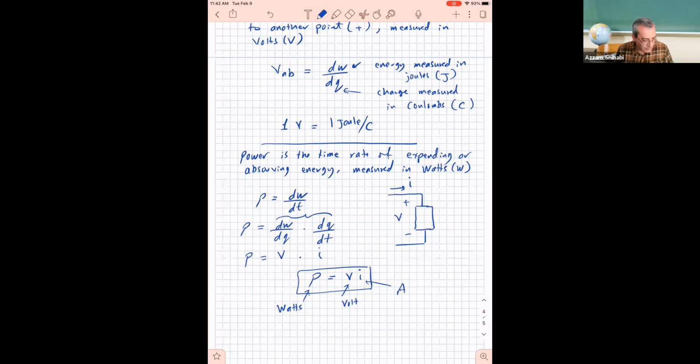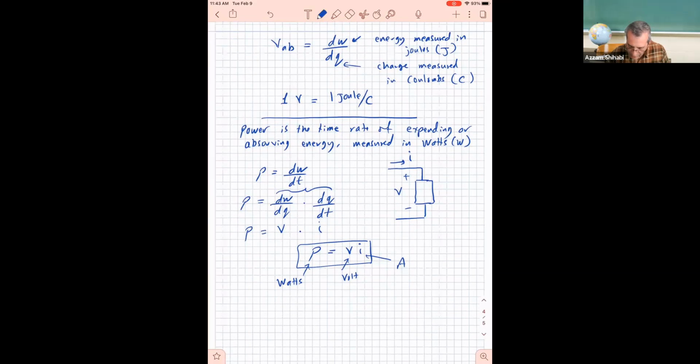All right. So guys, notice here, my equation says the power absorbed or expended by any device, any element, depends on the current through the element and the voltage across the element. This equation, we have to be careful.